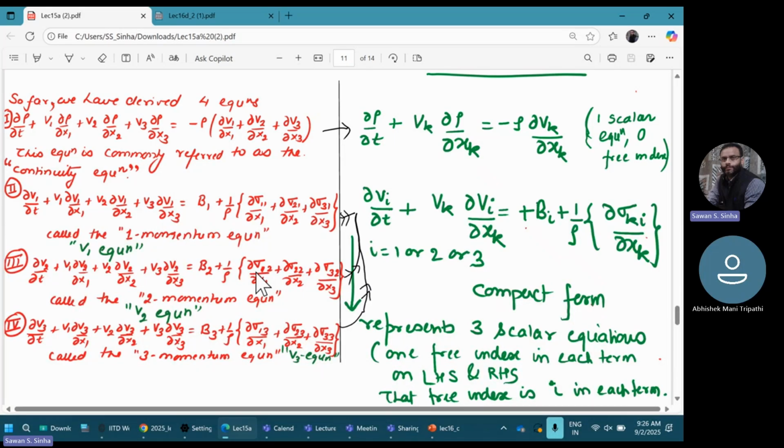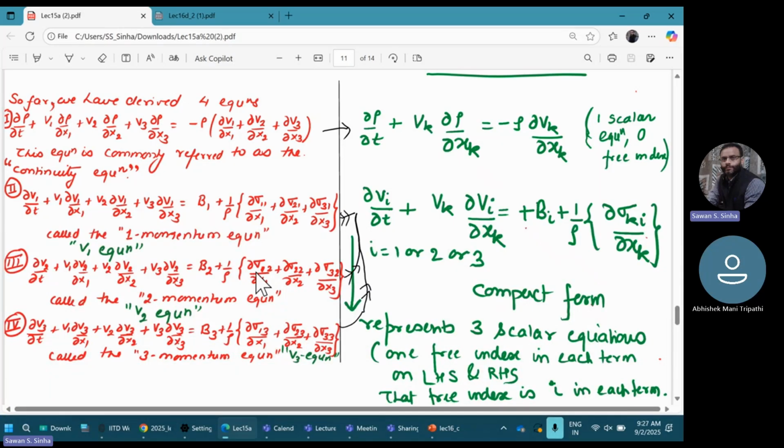But if you are talking about an equation in which an I index, a free index, is appearing, keep in mind that free index should be the same in every term, on the left hand side and right hand side. One free index in each term. On LHS and RHS, that free index has to be the same.